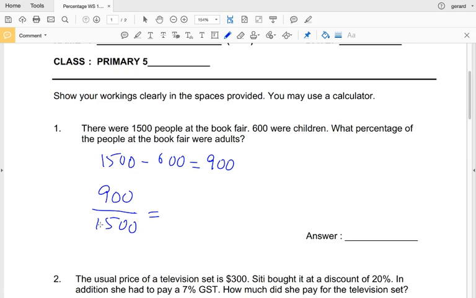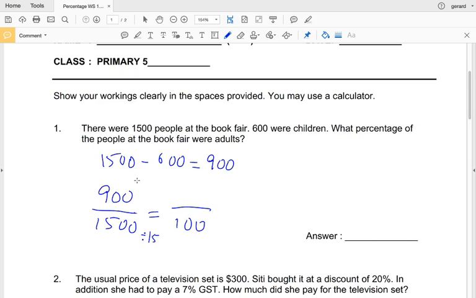Alright, now we are going to try to convert this into a percentage. Now remember I said percentage, the denominator has to always be 100. So we're trying to get this to be 100. How do we get from 1,500 to 100? We actually have to divide it by 15.